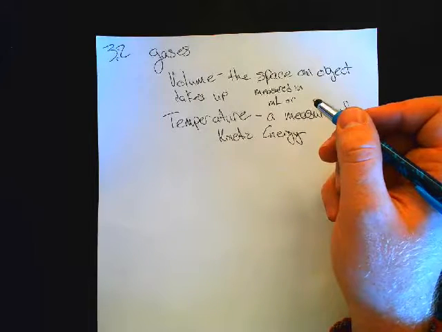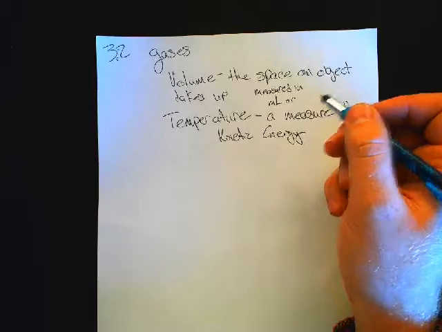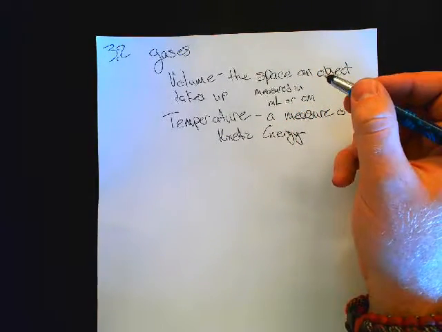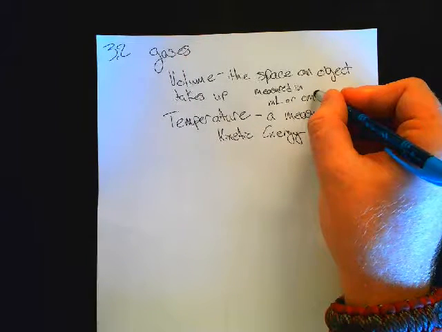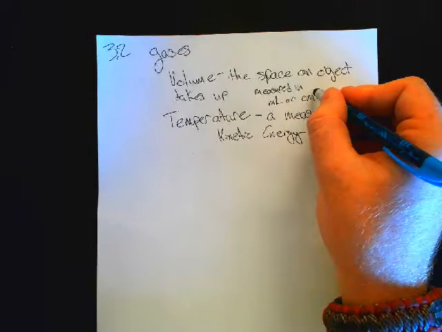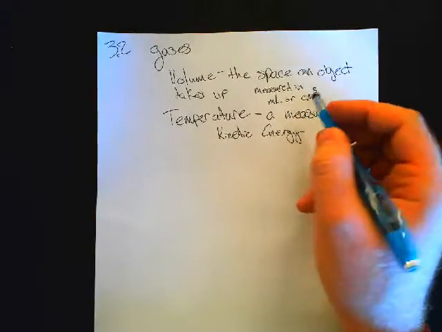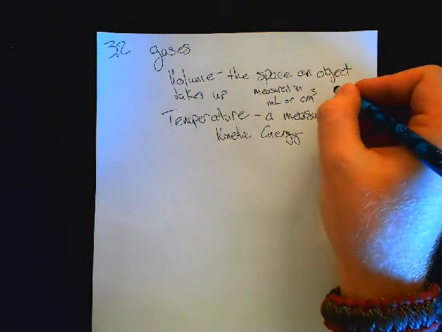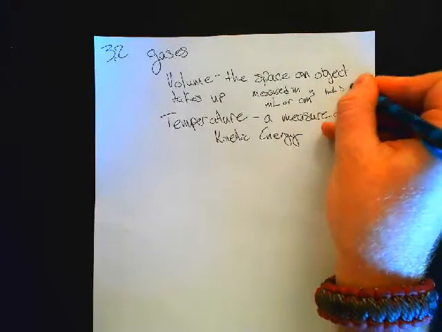Not quite. Now you're talking densities. Centimeters cubed. Okay? Milliliters or centimeters cubed, which are actually, 1 milliliter is 1 centimeter cubed. They're really the same thing.